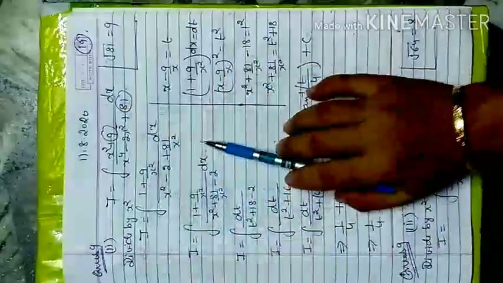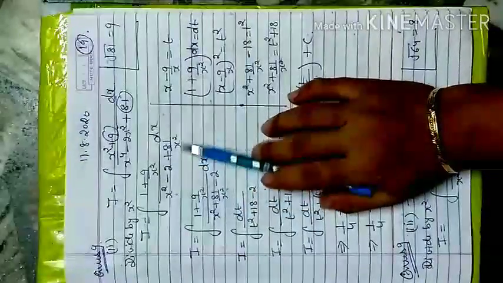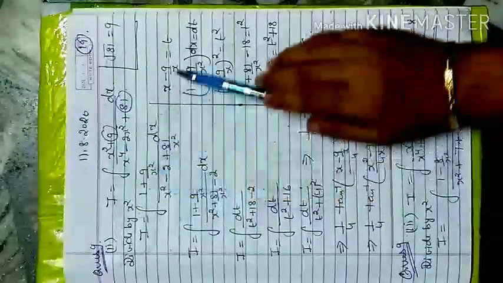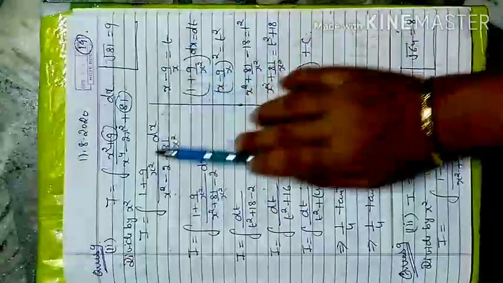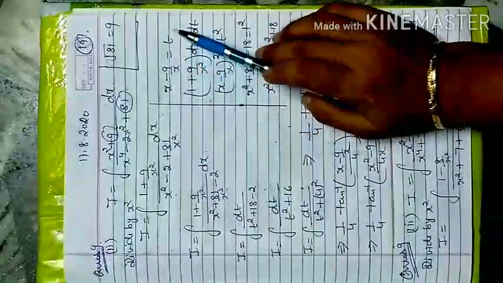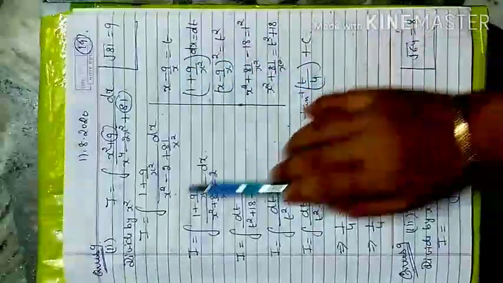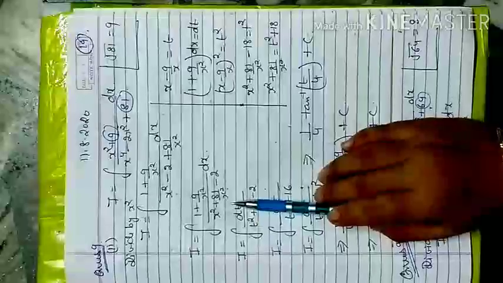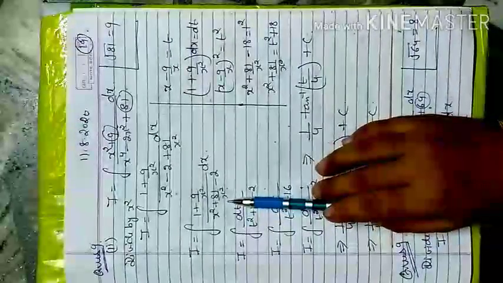Yes, then you go with the same method, divide by x square. So now when you want to remove this numerator, the sign will be changed, with x and the reciprocal of x, and this constant term will be repeated here. x minus 9 by x is equal to t, the numerator changes to dt, and x square plus 81 by x square should be written on the side, because I want to remove this in the form of t.